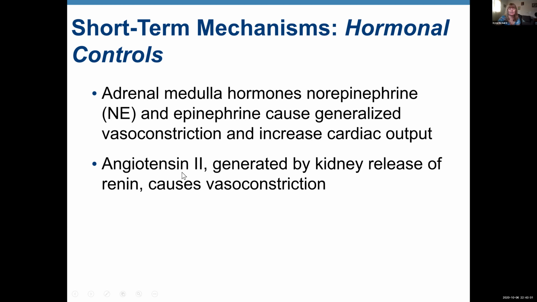Another hormone is angiotensin, and angiotensin means you give tension to blood vessels, because angio means blood vessels. This one is generated through the kidney's release of renin. So the kidney releases renin, and then renin activates angiotensin.